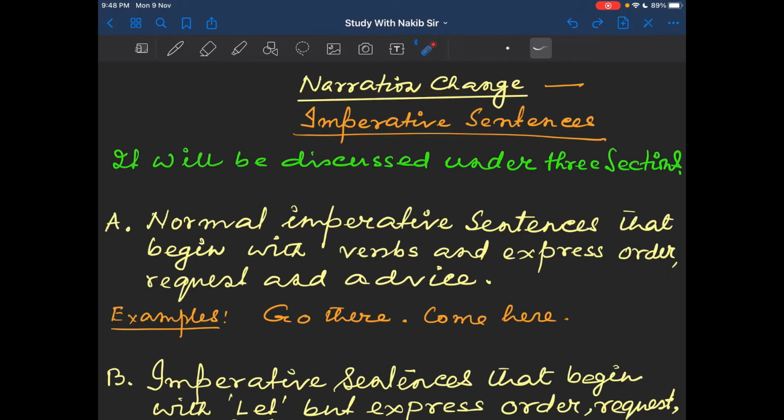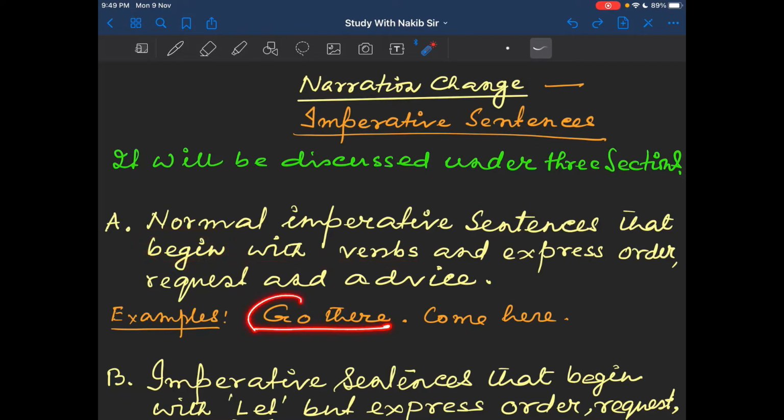We'll learn the narration change of imperative sentences under 3 sections. Section A deals with the normal imperative sentences that begin with the verbs and express order, request and advice. See the example.